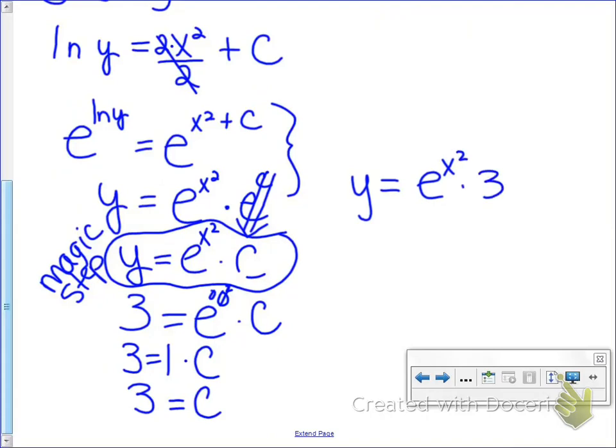So y equals 3e to the x squared, or e to the x squared times 3, is the solution curve, or the function that fits that differential equation, dy dx equals 2xy, that we started with. On this one, we don't have to worry about plus or minus like the other one because it's a different kind of curve. It's an E curve.